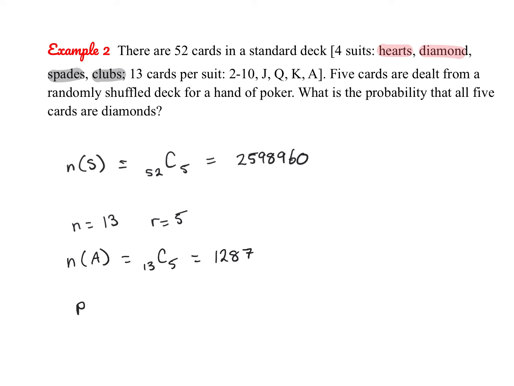So the probability that you would receive all 5 diamonds would be 1,287 over 2,598,960, which if you simplify it becomes 33 over 66,640.